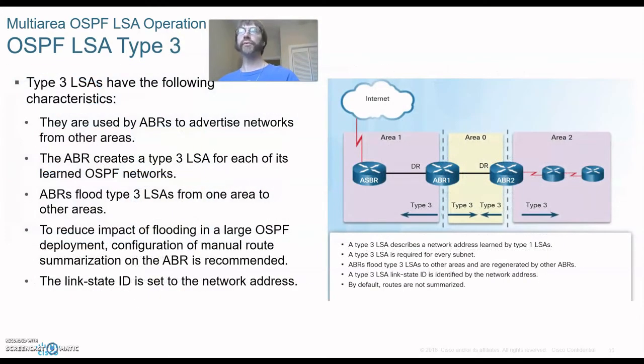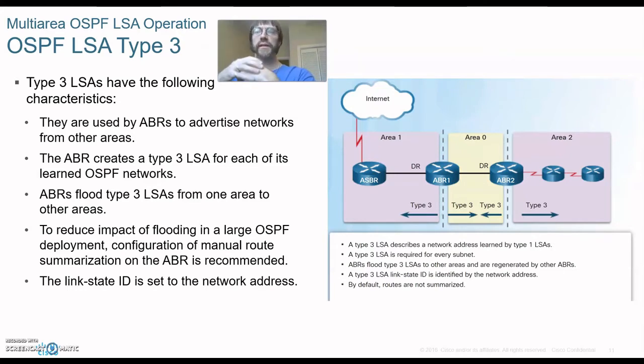So type 3s are used to advertise networks from other areas. A type 1 or a type 2 gets turned into a type 3, and the ABRs exchange these with each other. They can move through other areas because they are representing the internal structure of other areas to ABRs.